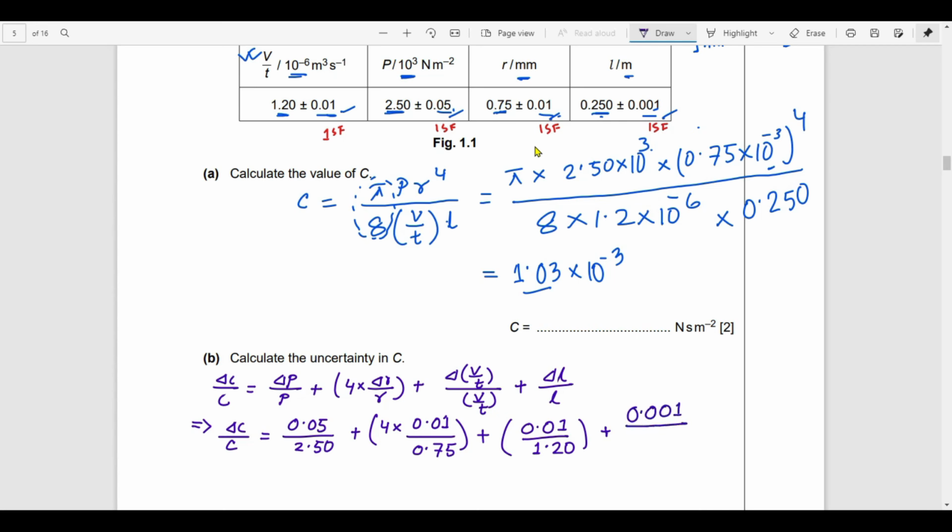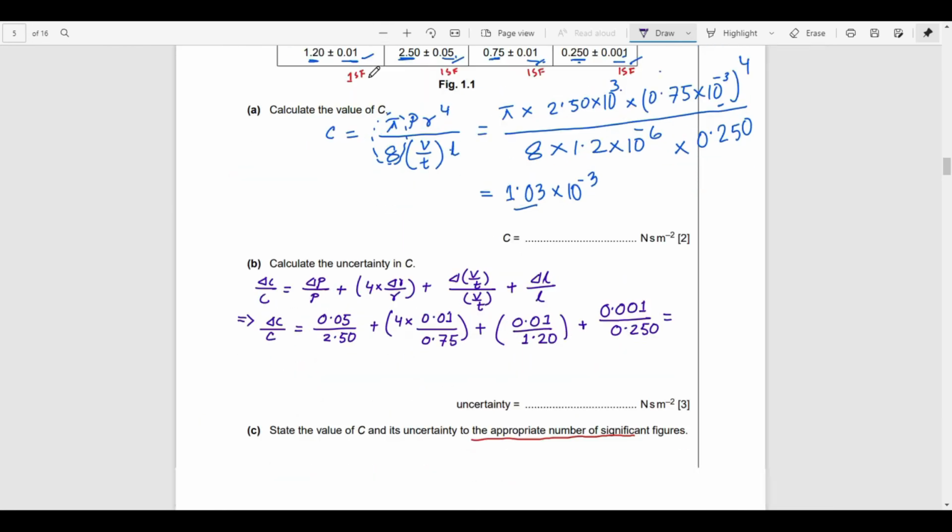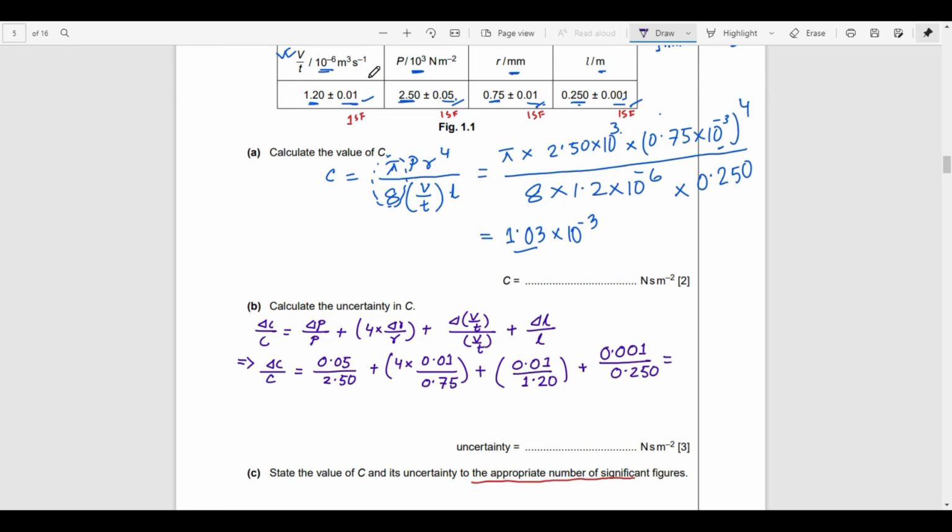So 0.001 divided by 0.250. Ultimately when we calculate this, we get 0.086 on the right hand side, and this value 0.086 is going to be multiplied with the C value that we calculated in part A of this question.